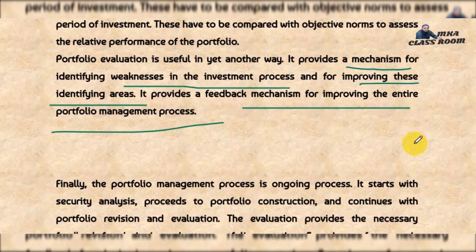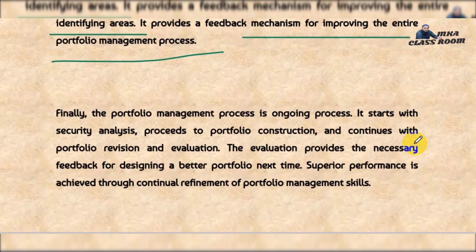So finally, the portfolio management process is one ongoing process. It starts with security analysis, proceeds to portfolio construction, and continues with portfolio revision and evaluation.